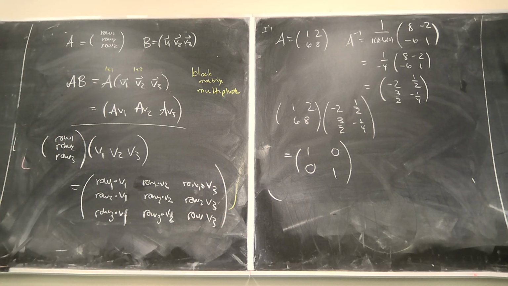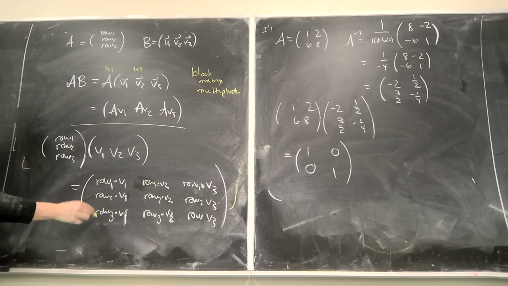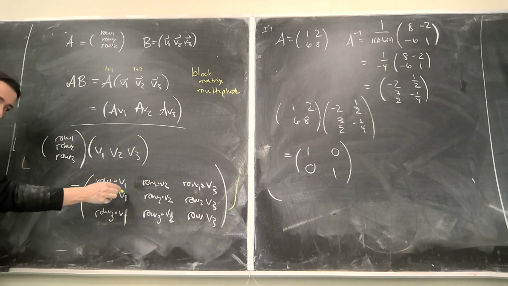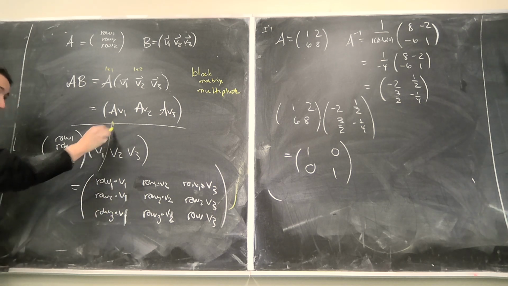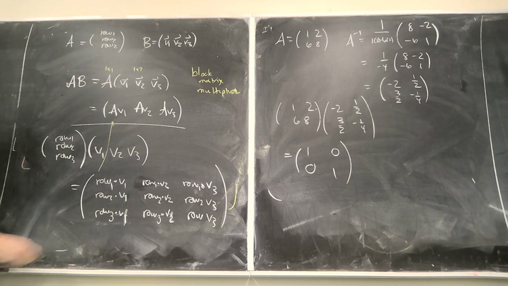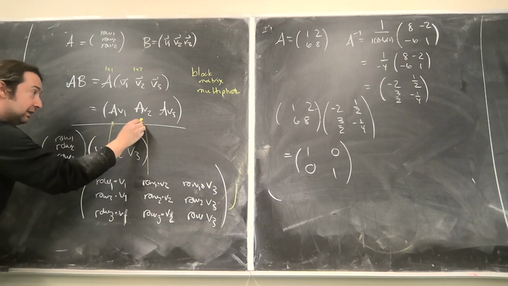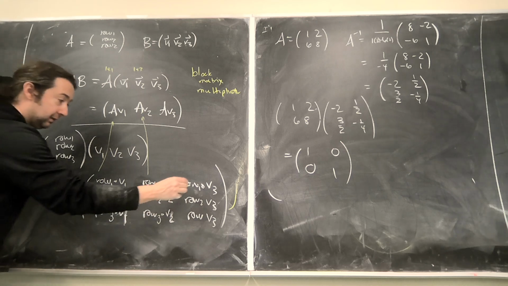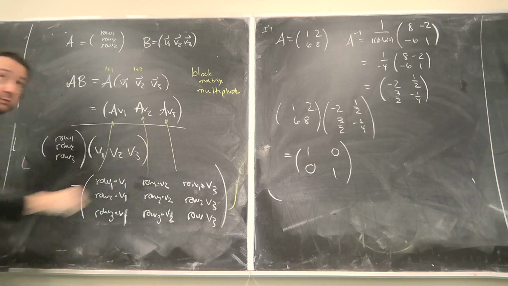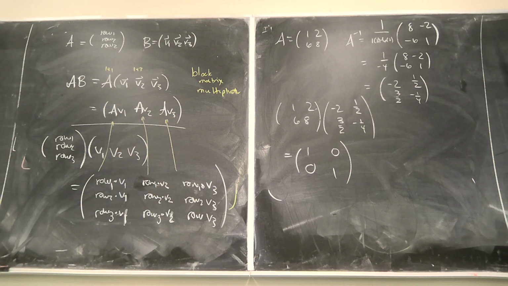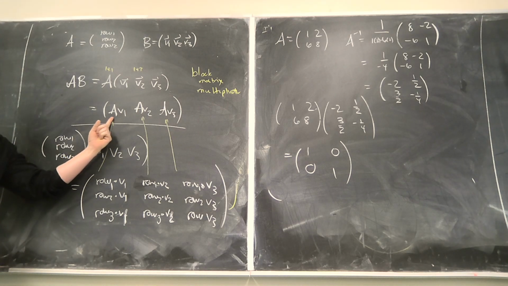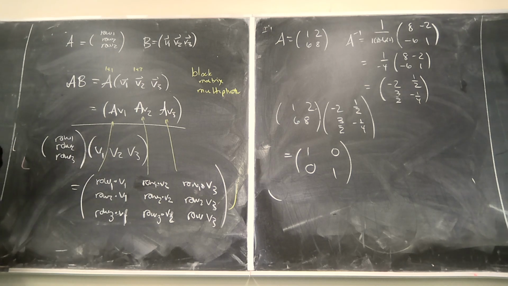But if you think about it for a second, row 1, row 2, row 3, dotted with the vector V1 is A times V1. And row 1, row 2, row 3, dotted with V2 is A times V2. And this is A times V3. So one way of thinking about what matrix multiplication is doing is you're just taking the columns of B and multiplying by the matrix A.